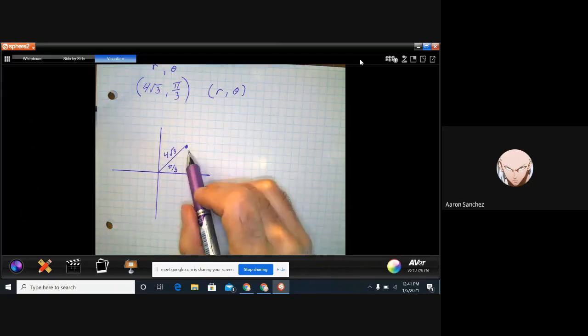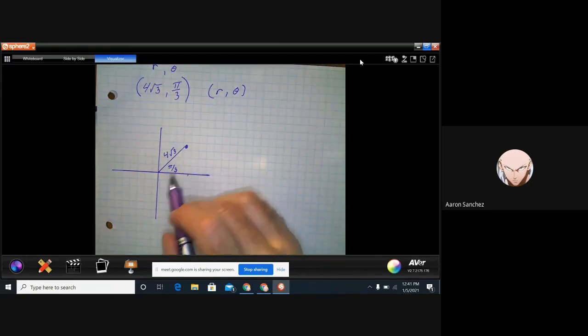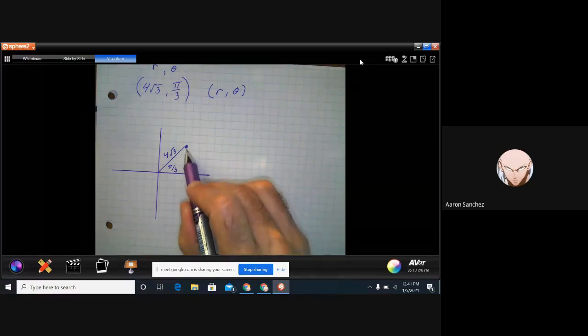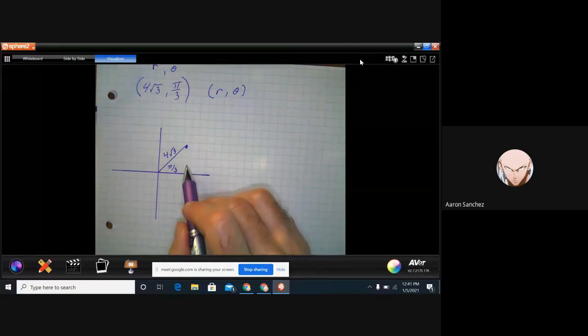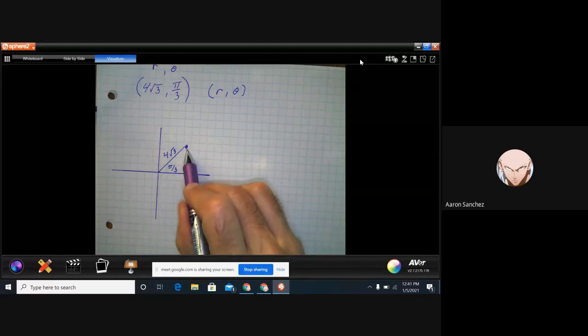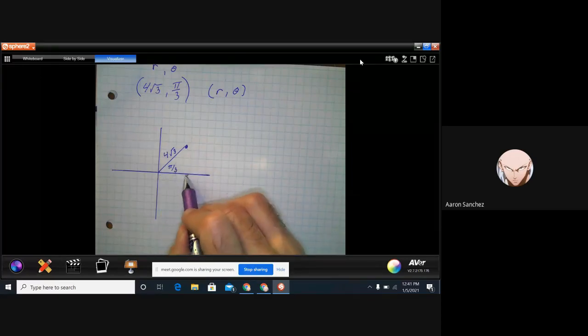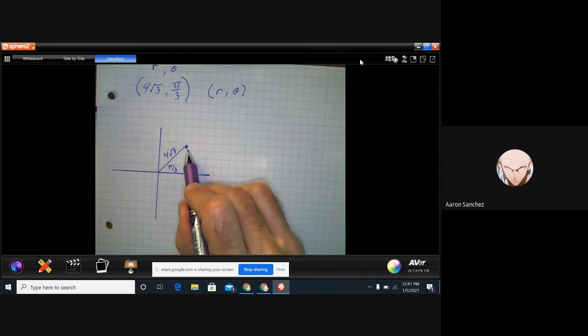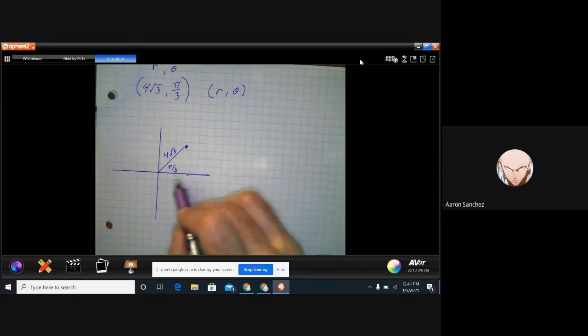That's the coordinate. Now, the coordinate in polar form tells me how far to go, the radius, and how big to open the angle. We want to convert that to rectangular form where there's an x coordinate and a y coordinate, or a real number coordinate and an imaginary number coordinate, right? Rectangular makes a rectangle. How far right, how far up, or how far left and right, how far up and down.